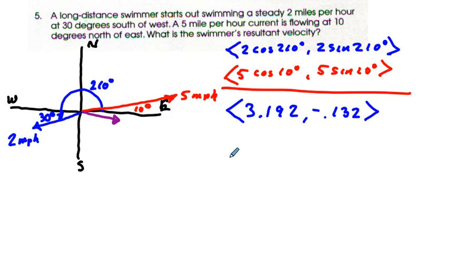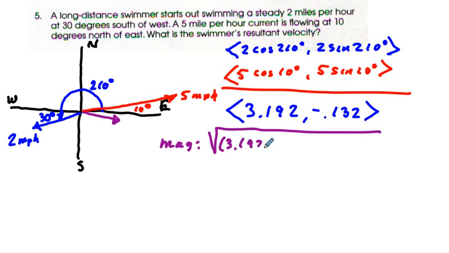I don't know if it looks exactly like that. We can find our magnitude, right? So our magnitude is going to be 3.192 squared plus, and this is a very small decimal number, so it's not going to be affected much at all, 0.132 squared.